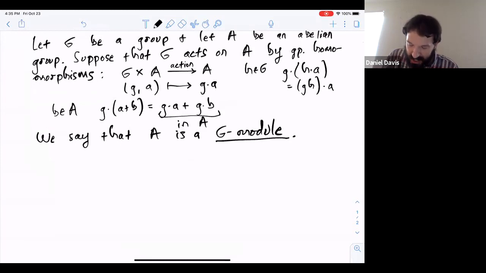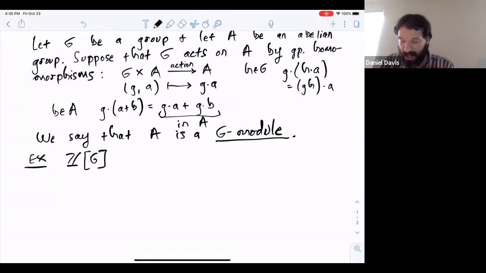So just a quick example. So let's take the group ring on the group G over the integers. So if we let G act on itself by multiplication, then that makes the group ring into a G module. Okay.